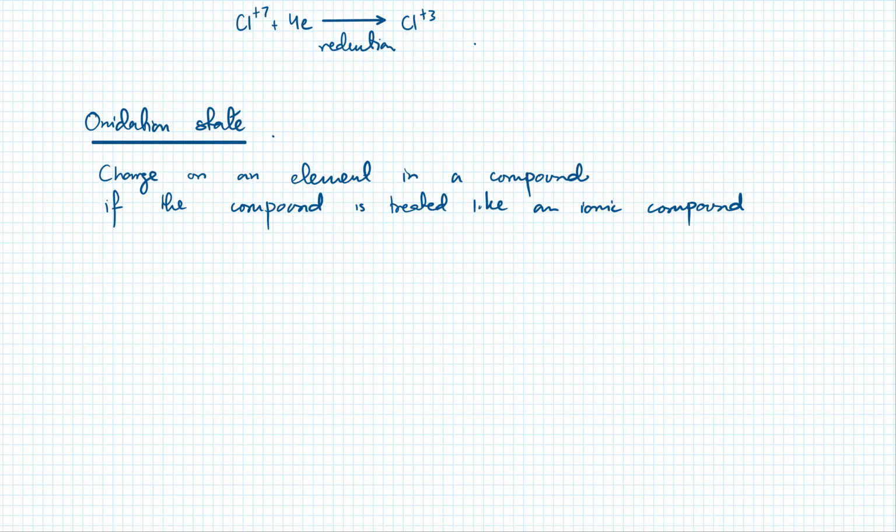What this means is that you're going to treat a compound as if it's ionic. The reason is, for example, if I have NaCl, now Na is actually +1 and Cl is actually -1. It's a -1 ion and Na is a +1 ion. There's a huge difference in electronegativity. Na is the one that's losing electrons, Cl is the one that's gaining electrons. You know this from O levels. So it is an ionic compound.